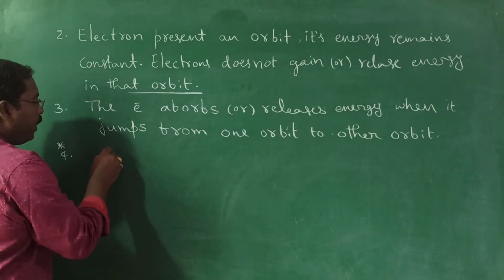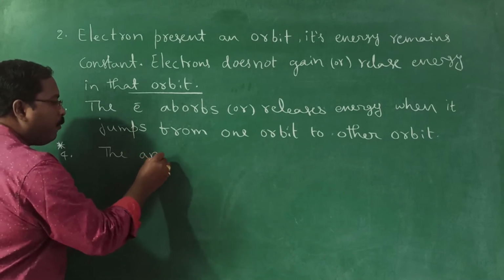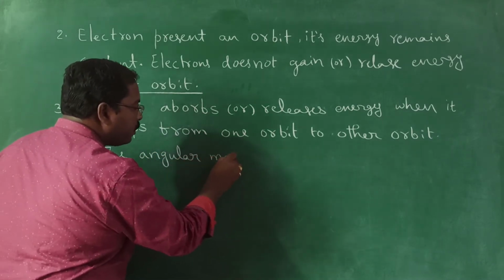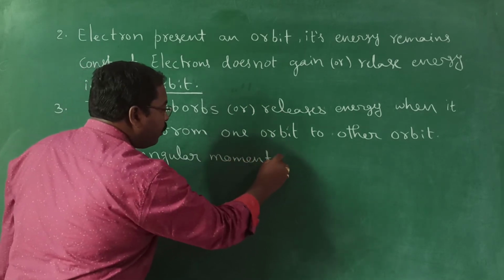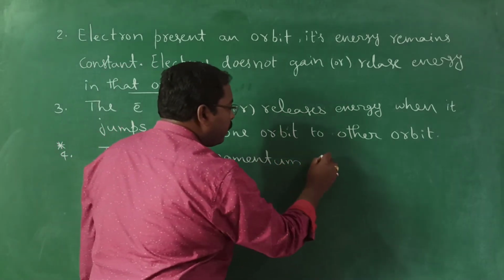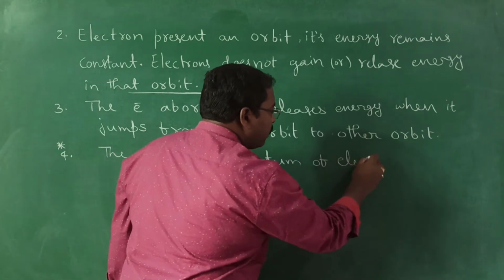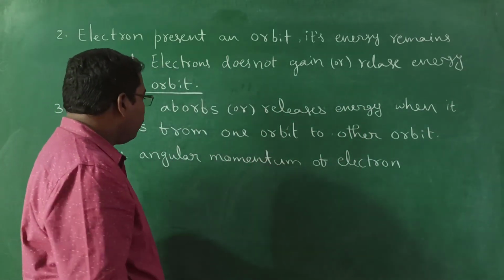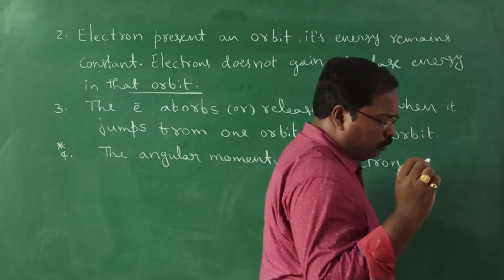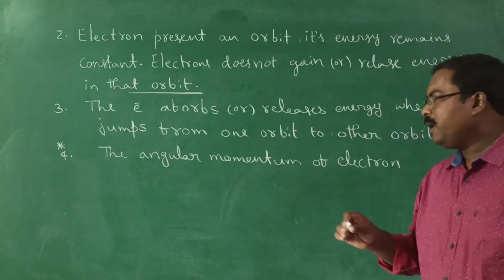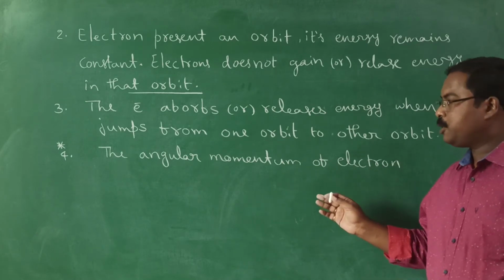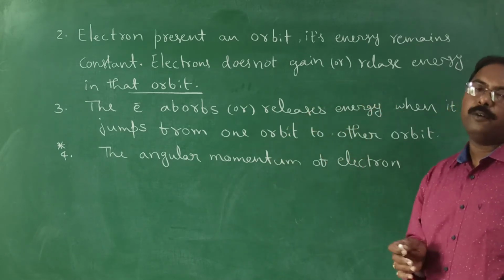According to him, the angular momentum of electron, okay, here he gave one statement, even it became later a drawback for him. Why it is a drawback, everything we will discuss at the end of the theory.